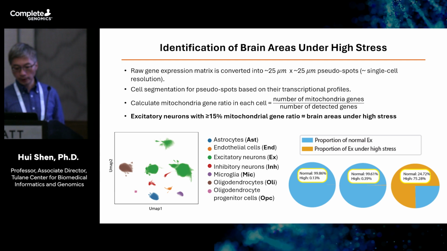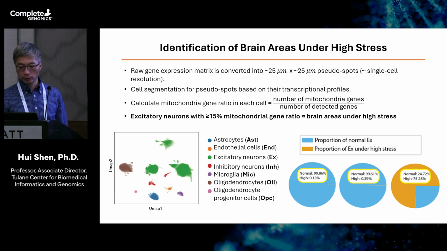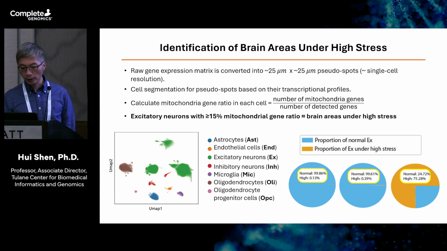We can see here, compared to the control group, the moderate group has a very modest increase of excitatory neurons under high stress. But if you look at the severe AD group, there's a significant increase of the area under high stress. So we think this supports our assumption that excitatory neurons with over 15% mitochondrial gene proportion reasonably represent the brain area under high stress.